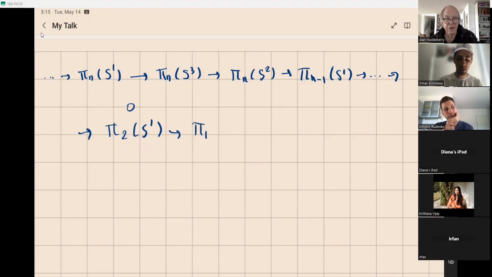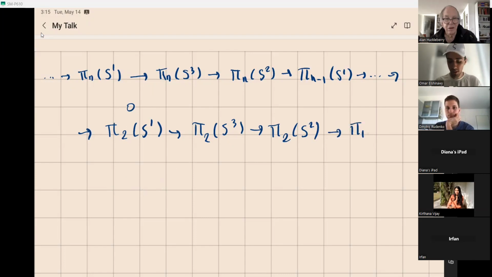So you get pi 2 of S3, then pi 2 of S2, and then pi 1 of S1, which is the key part. This is Z, it is not 0. So we cannot use our lemma, because this is 0, but this is not necessarily 0. This is pi 1 of S1.